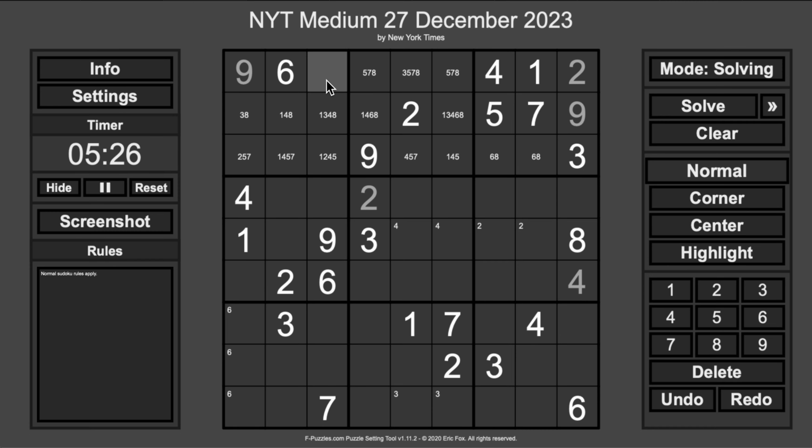Okay, this cell out of 3, 5, 7, 8, 9 sees 7 and 9. So that one's down to 3, 5, or 8. Let's see, I've got 2 in one of those.